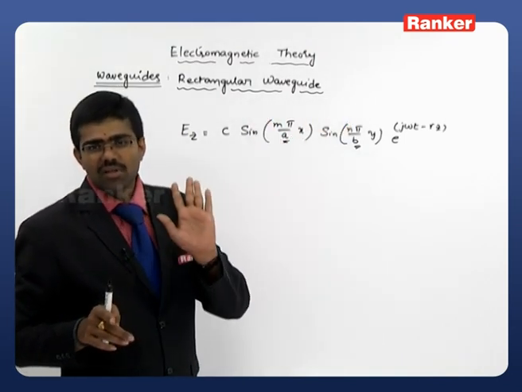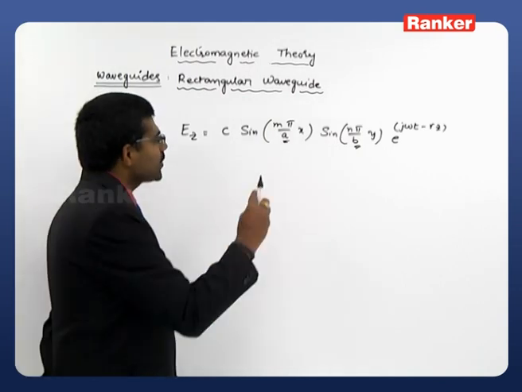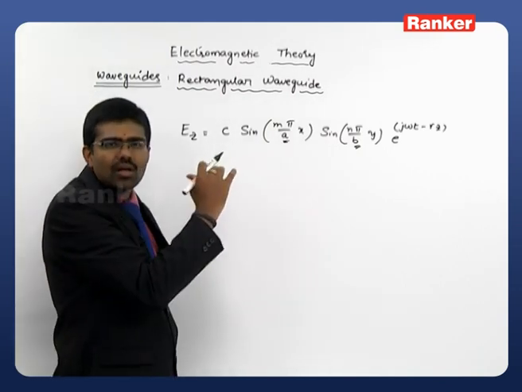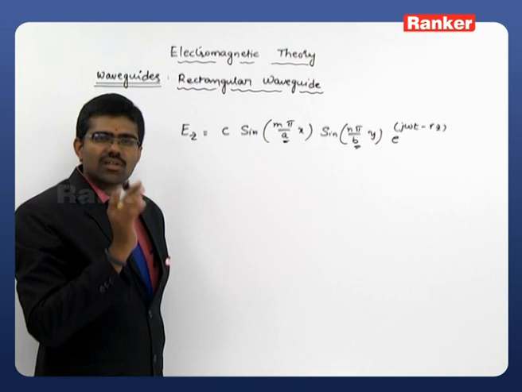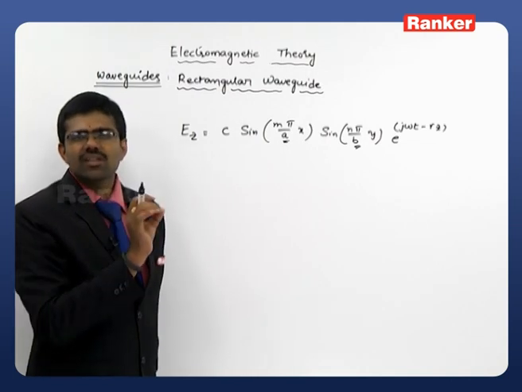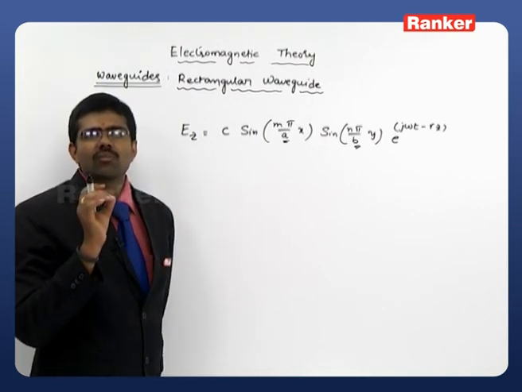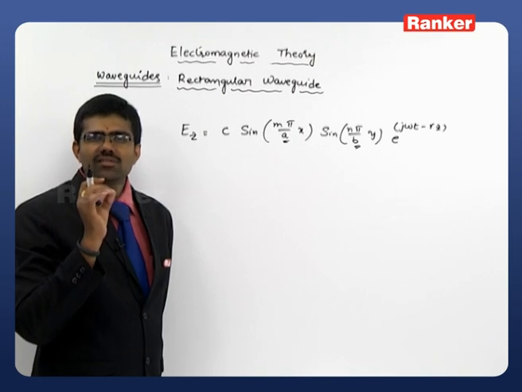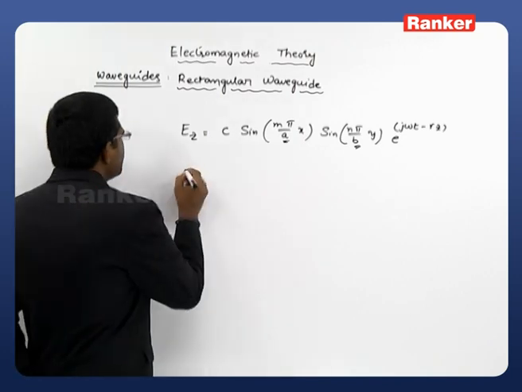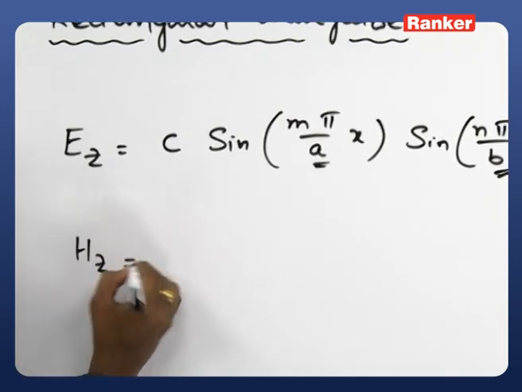Clearly remember that point. Similarly, after solving our Hz equation and applying the boundary conditions, the boundaries are the same, and the tangential electric field component is 0. After applying that, you will get a similar equation for Hz.